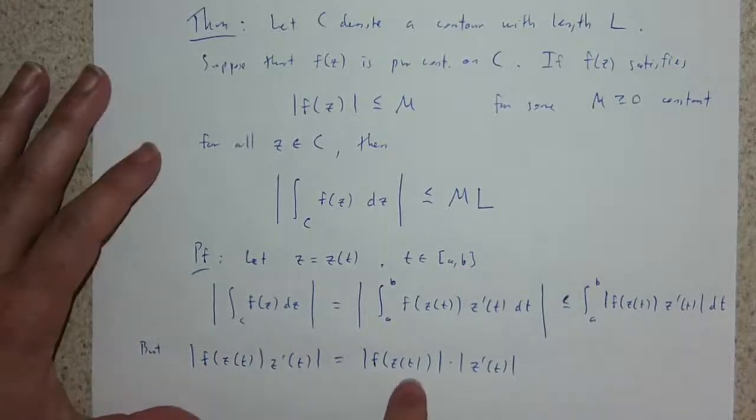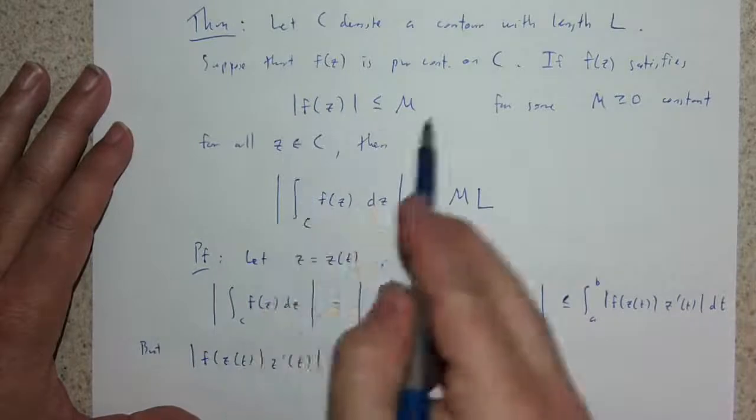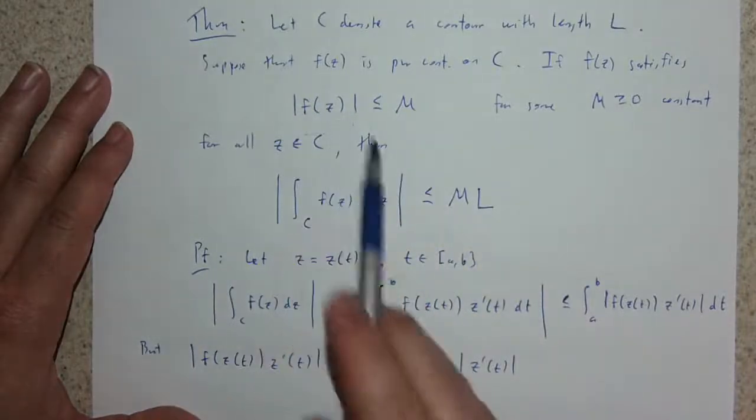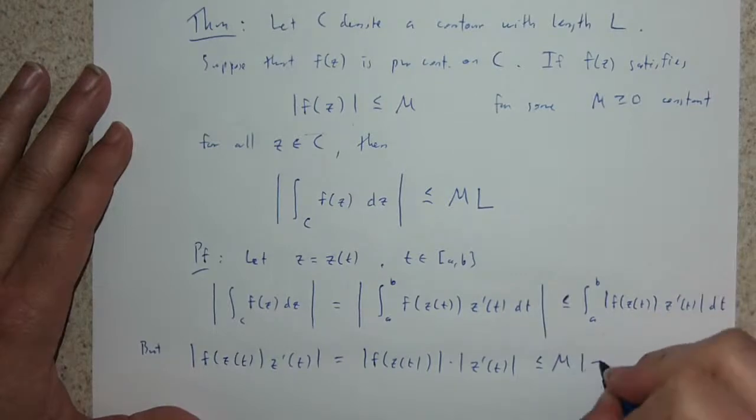But whatever f of z of t is, we know that f satisfies this bound. This is less than or equal to M, so this is less than or equal to M times the modulus of z prime of t.